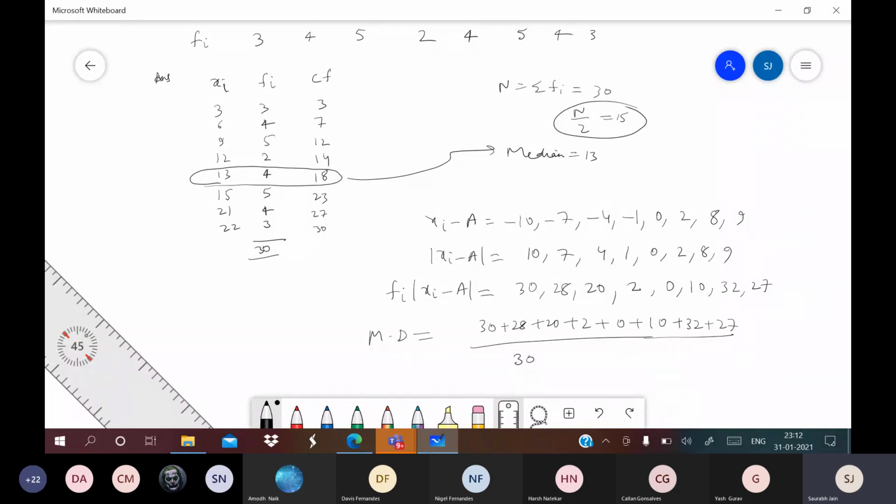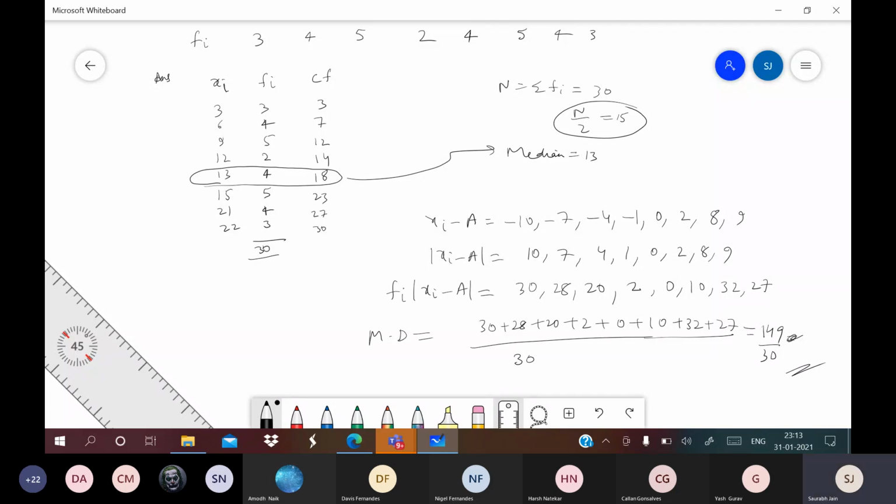So this is 58, 78, 80, 90, and 59. 149 by 30. I don't think it is getting cancelled further, so you can leave it here. This is your mean deviation for discrete frequency distribution.